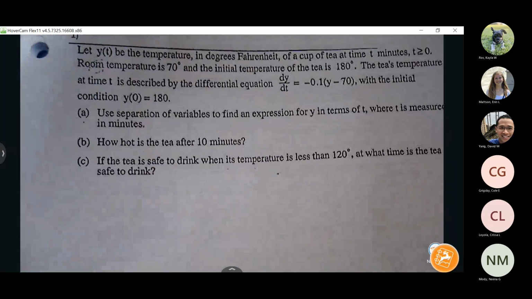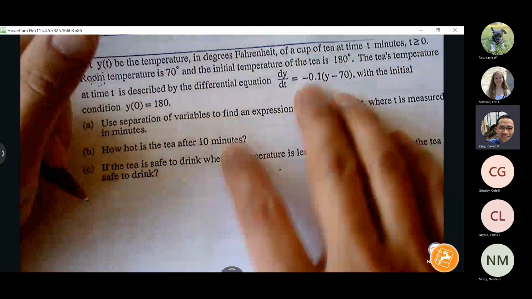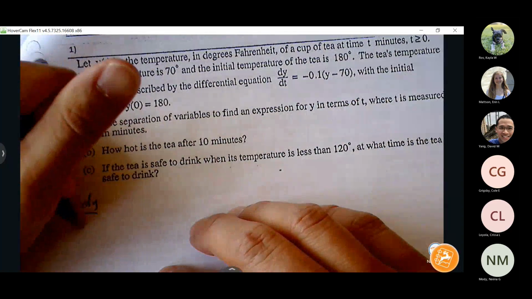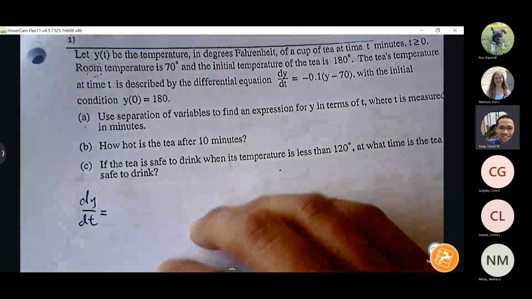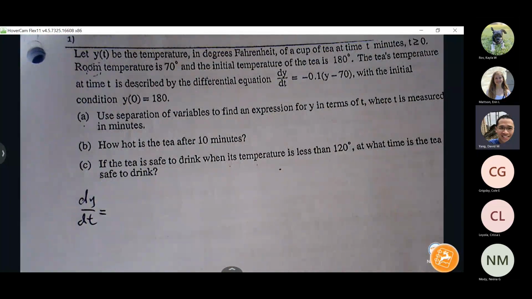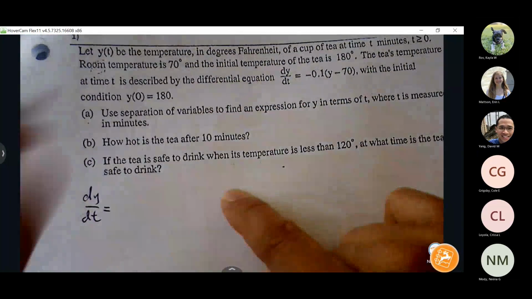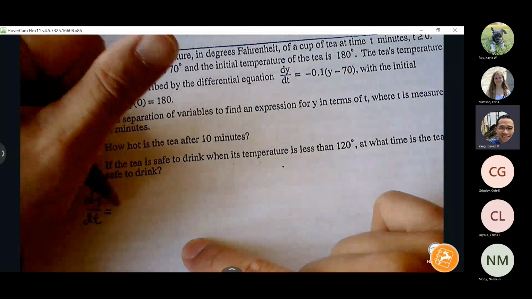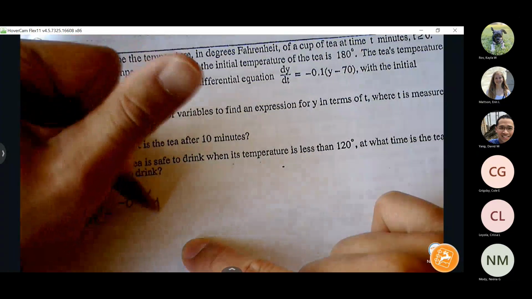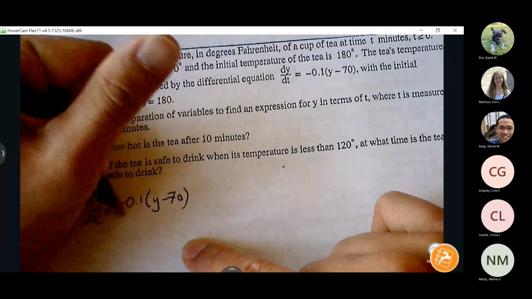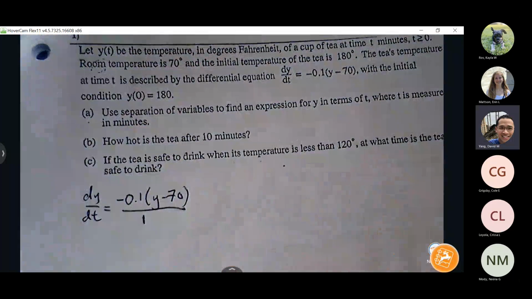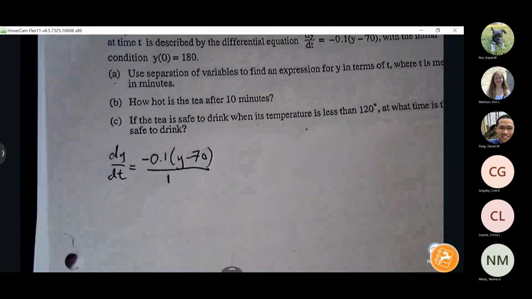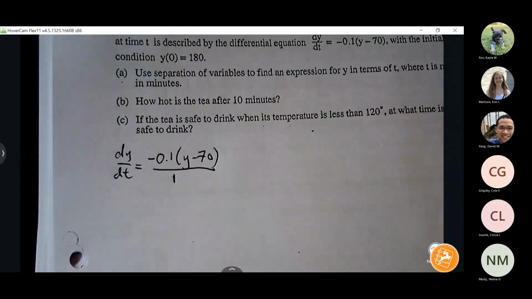So more separation of variables here. Okay, so here we want t's on the right, y's on the left. Treat t like you would an x. And don't lose the parentheses. The parentheses help you keep your variables separated.